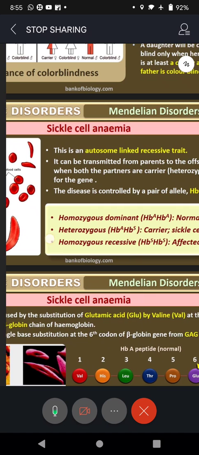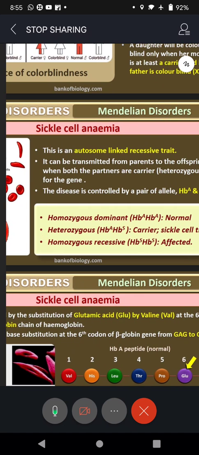Again, like what we studied above, hemophilia and color blindness are because of X-linked inheritance, whereas sickle cell anemia is autosome linked recessive. How many autosomes are there in us? 22 pairs. So that is 44 autosomes.